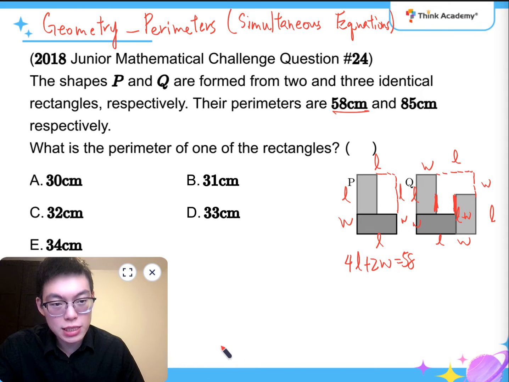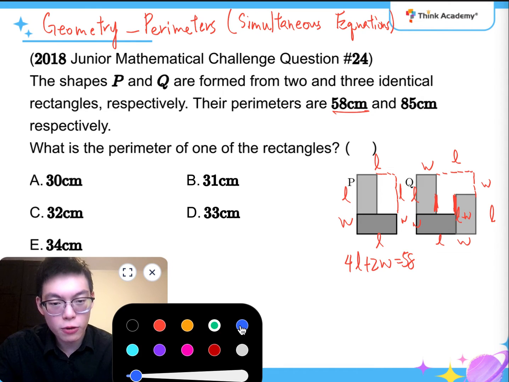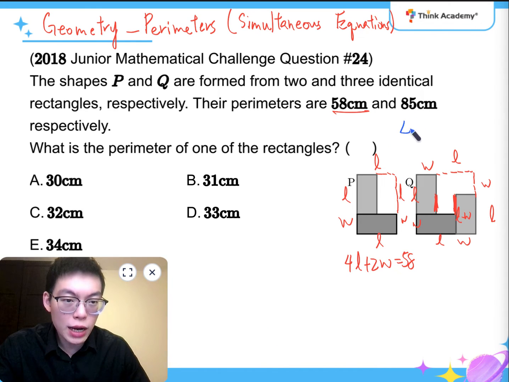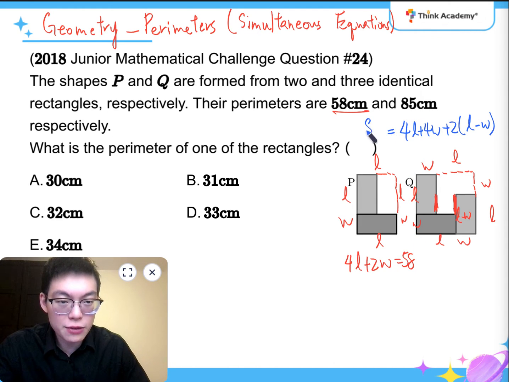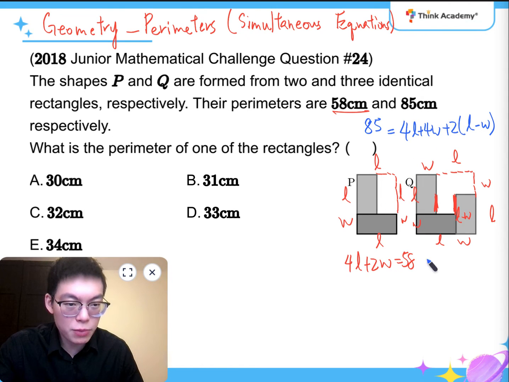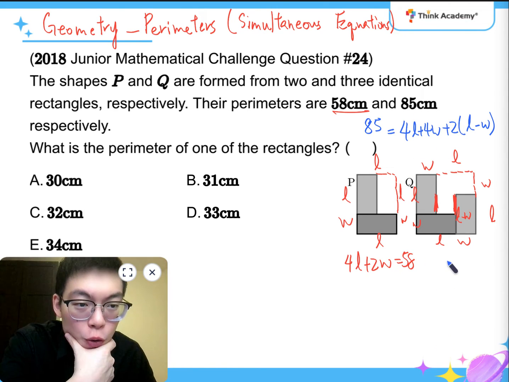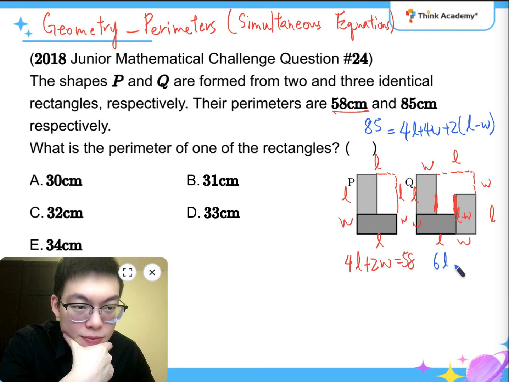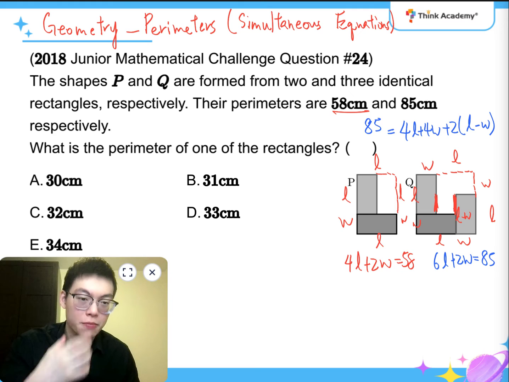So for the second one, the equation is going to be 4 lengths adding 4 widths, adding 2 times of length take away width is equal to 85. Which means that we can simplify it into 6 lengths, adding 2 widths is 85.